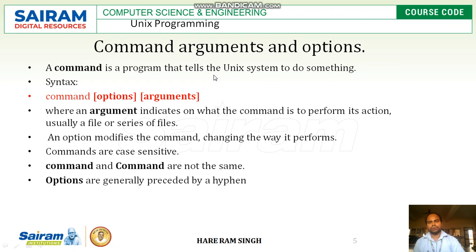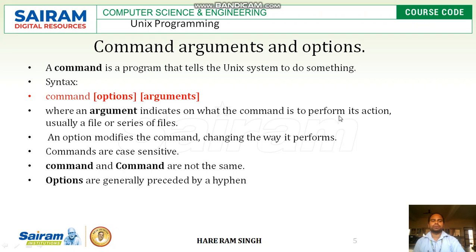The next topic we are going to discuss in this video is command arguments and options. A command is a program that tells the Unix system to do something, to do some specific work. Its syntax is command, option, arguments.